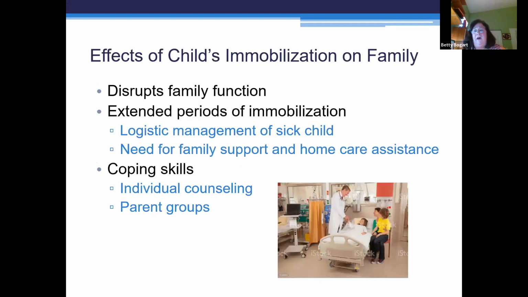Then you put a kid in the hospital for a long period of time. Let's say that old-time Steinmann pin, that metal rod for a fractured femur. Well, the family still has to go and visit that child, right? So it disrupts the whole family during the whole thing. So it really creates a burden. Now, one of the things I've seen in the pediatric hospital is those coping supports.